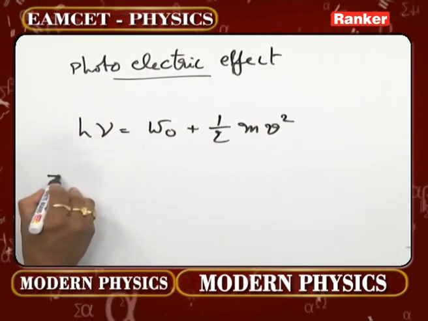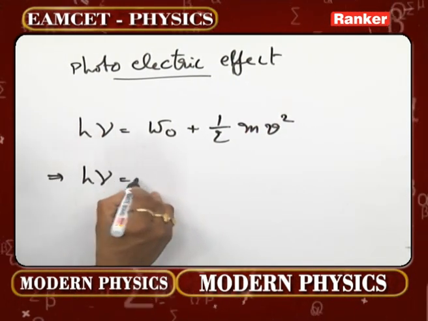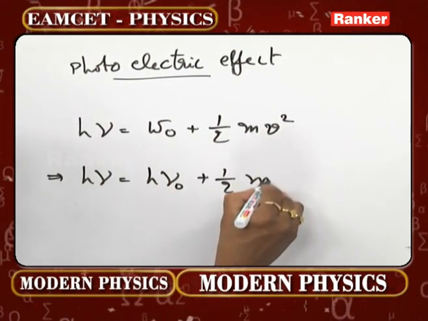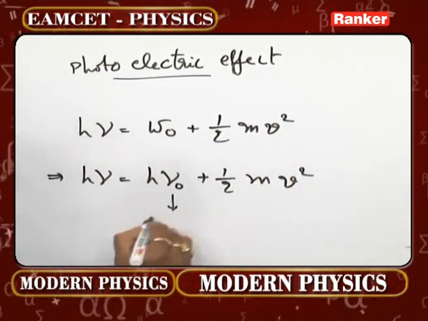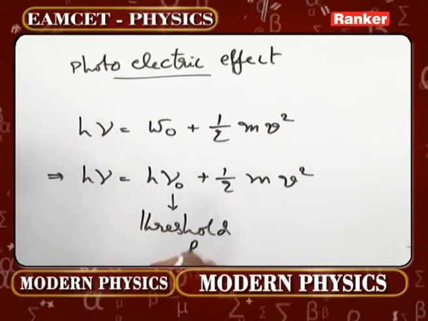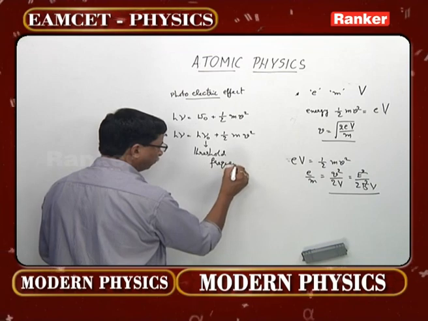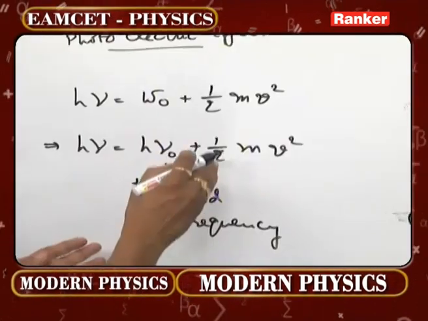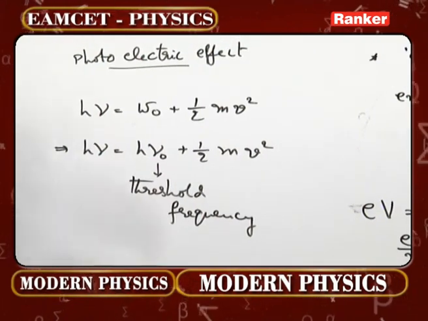In other words, we can even write it like this also, h nu is equal to h nu naught plus half mv square, where nu naught is called threshold frequency. That is actually the name we give to this. It is the minimum frequency of the incident photon needed for a photoelectron to be emitted from the surface of the cathode.